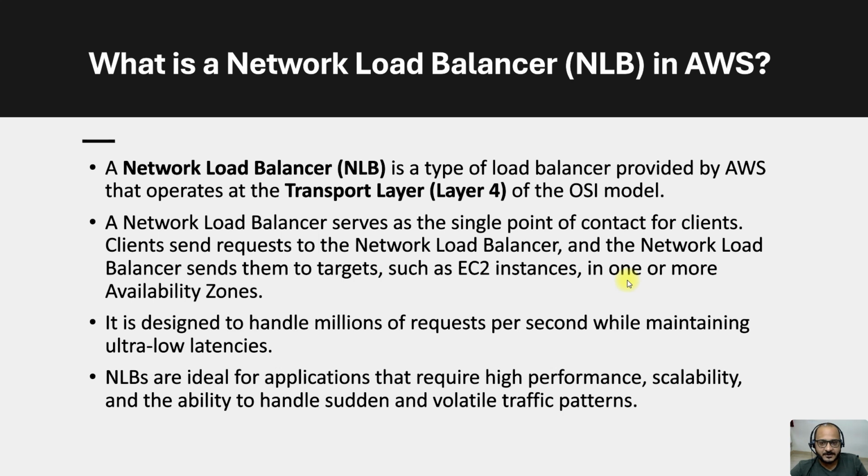Because as we know, an availability zone is just a data center, where we have servers, routers, firewalls, and a lot of things. And we know AWS has multiple data centers across the globe. So when we configure a network load balancer, we have to enable one or more availability zones.